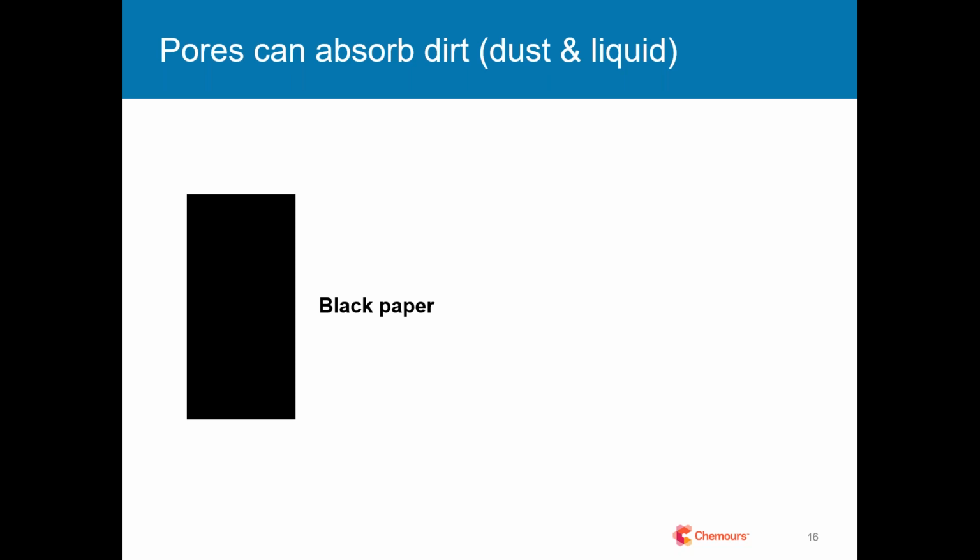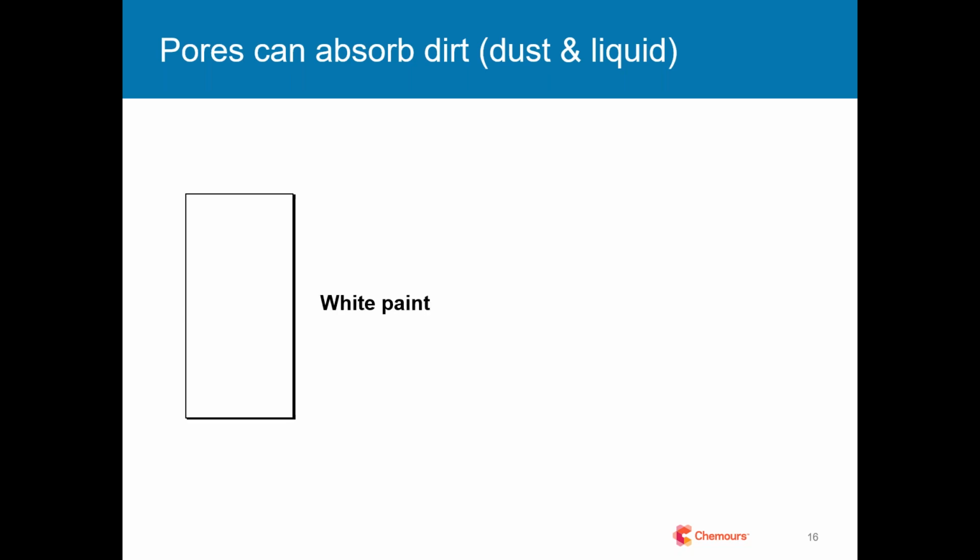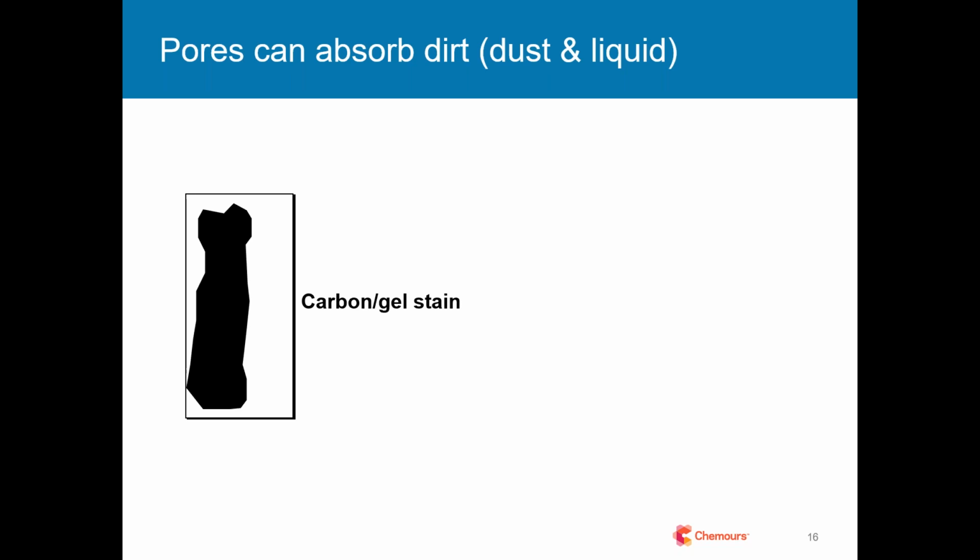How do we test that? Well, we apply the paint on a black paper, resulting in a white paint. We make the paint dirty with a special carbon gel stain, and that stain should mimic the fingerprints of dirty fingers, for example, people that have children around the sockets and around the switches of the lights. These are the kind of stains that we try to simulate.